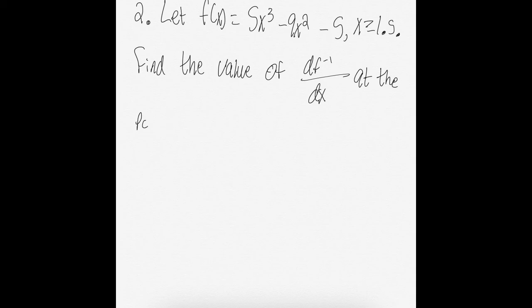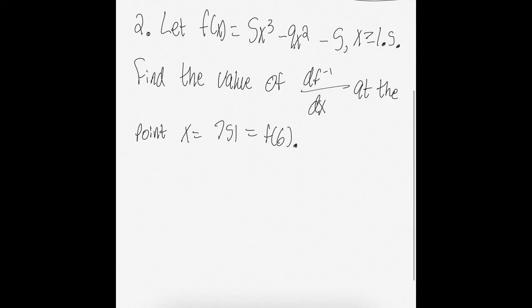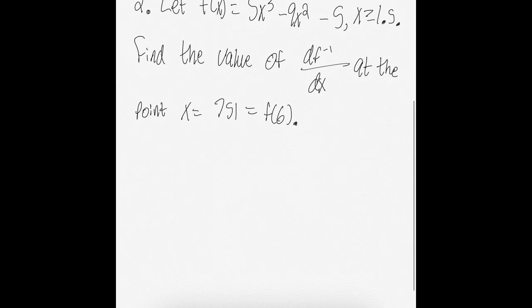Find the value of df inverse dx at the point we are given, x equals 751. Oh my goodness. But thankfully they tell us that that is just f of 6. And that will come in handy later, knowing that this is f of 6.